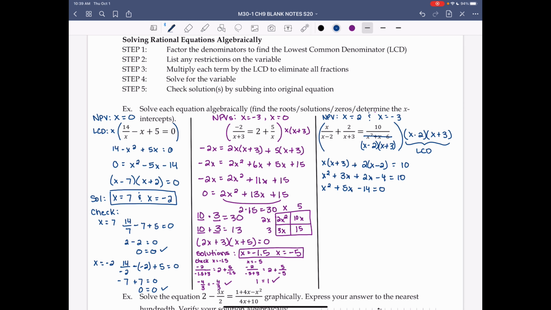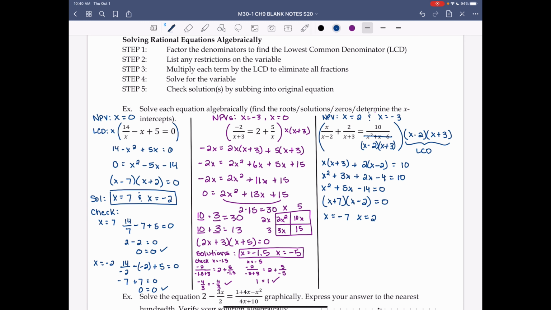Now we can factor this. Two numbers that multiply to negative 14 and add to positive 5 would be 7 and negative 2, which gives us x equals negative 7 and x equals positive 2.